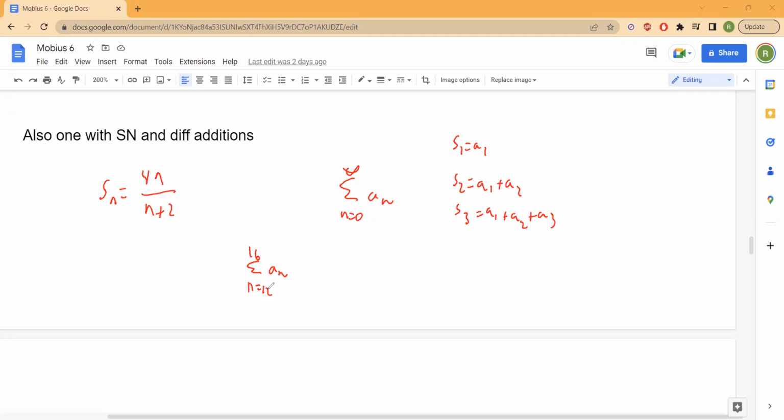So what you can realize is that if you want to get the addition from 12 to 16, what you need to do is A12 plus A13 plus A14 plus A15 plus A16. So at S16, the sum of the first 16 terms, that would equal A16 plus A15 plus A14, and so on and so forth till A1.